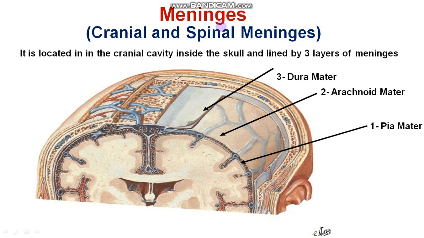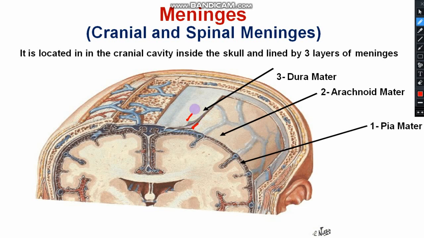Then the next layer is the arachnoid mater, and then we see a layer which is the dura mater. This dura mater is the outermost layer, and it is double layered. This is an outer layer, and this one is the inner layer.